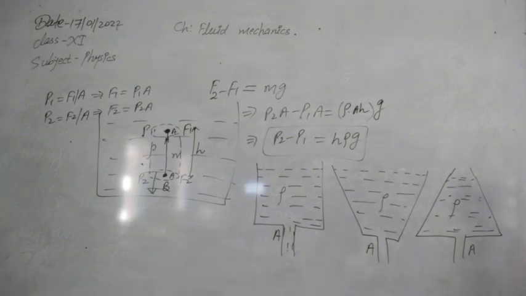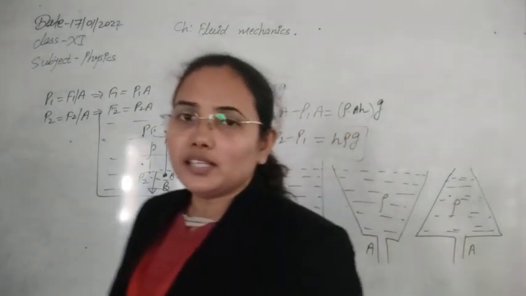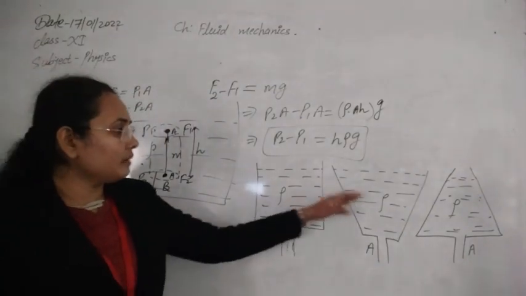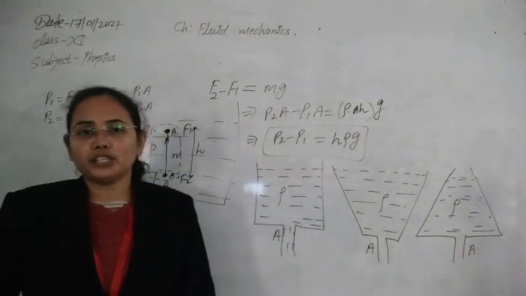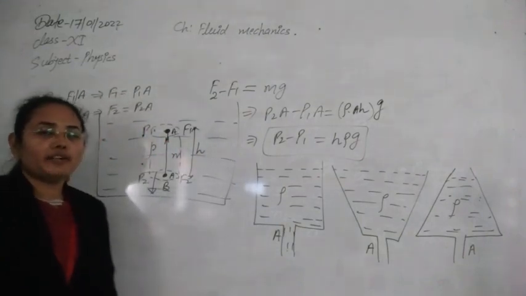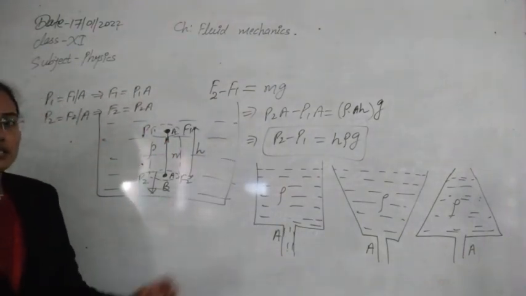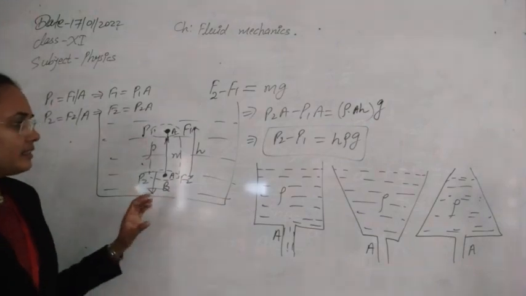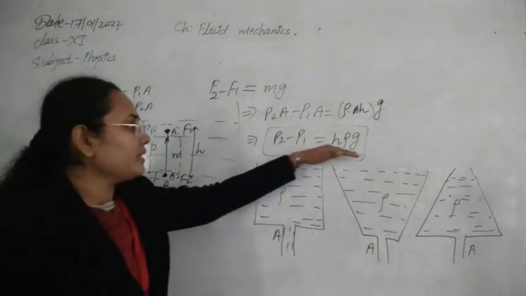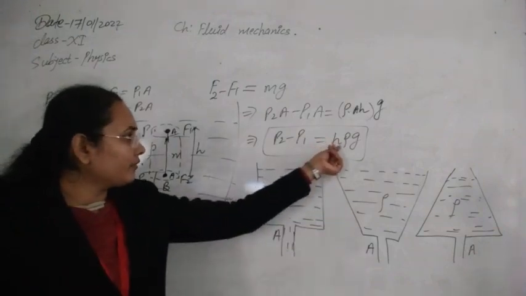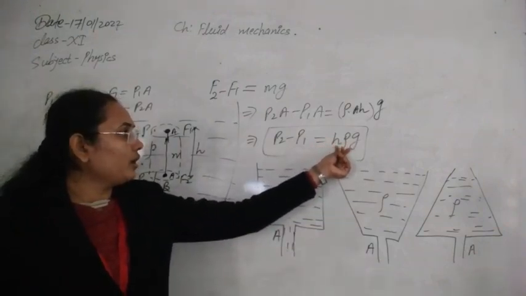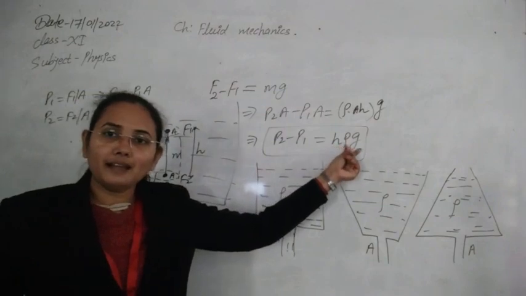So the hydrostatic paradox says that for the same height of the liquid, for the same type of liquid and the same area, whatever the shape of the vessel, the pressure of the liquid does not depend on the shape of the vessel. The reason is that the pressure variation depends on three factors: the depth or height of the liquid column, density of the liquid, and gravity.